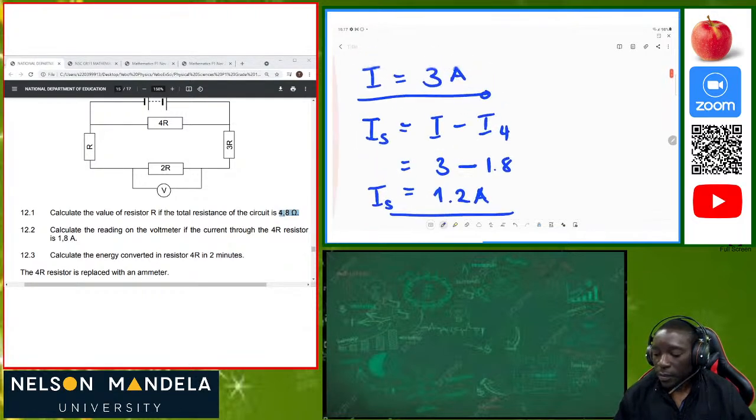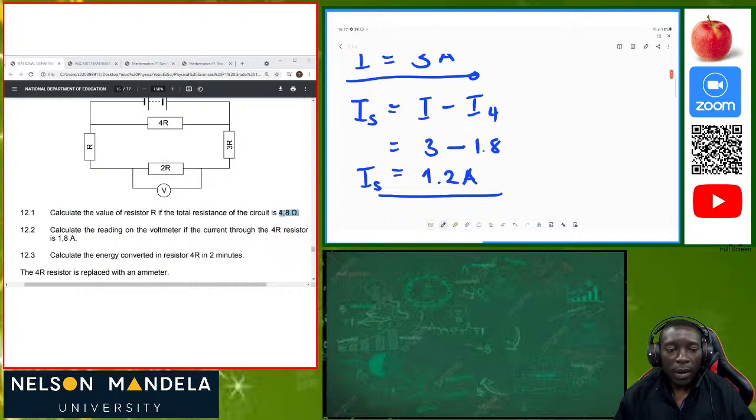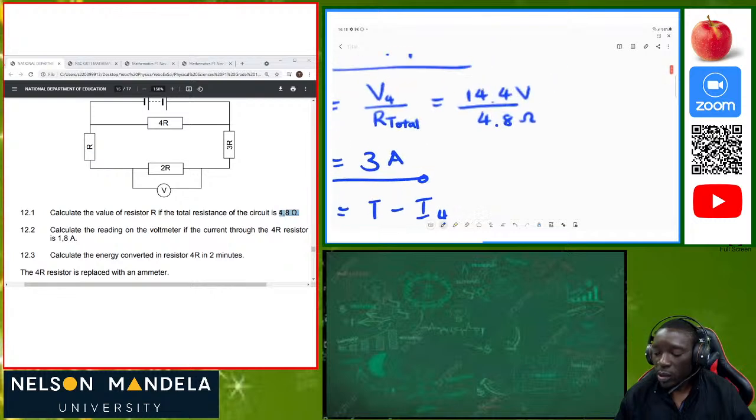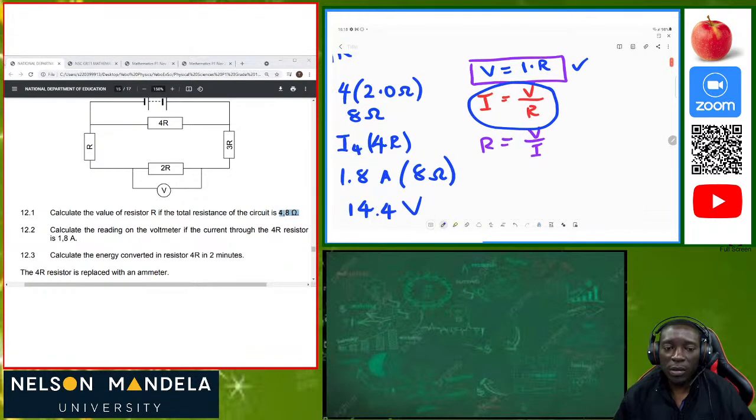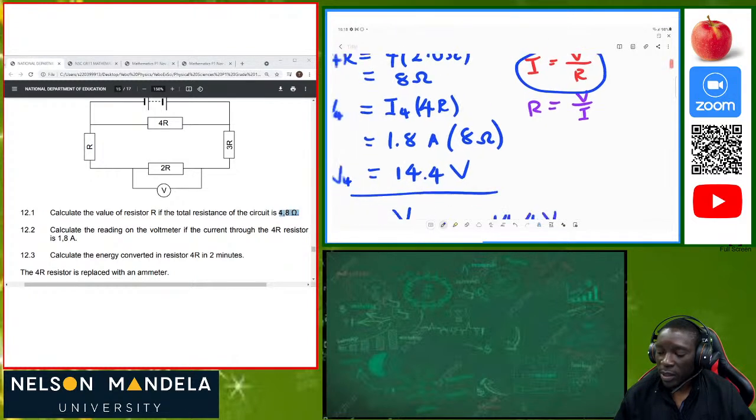Finally, the final stage. Don't forget, where are we headed? The goal is to find the voltage across the 2R resistor. So we know what the 2R resistor is, but we also need the current through that 2R resistor, so that we use V equals IR to calculate the potential and hence the reading of the voltmeter.